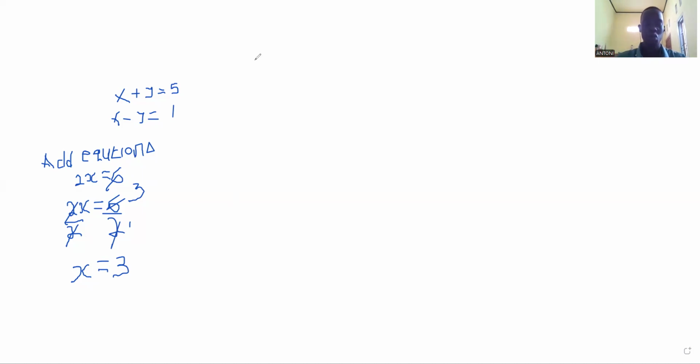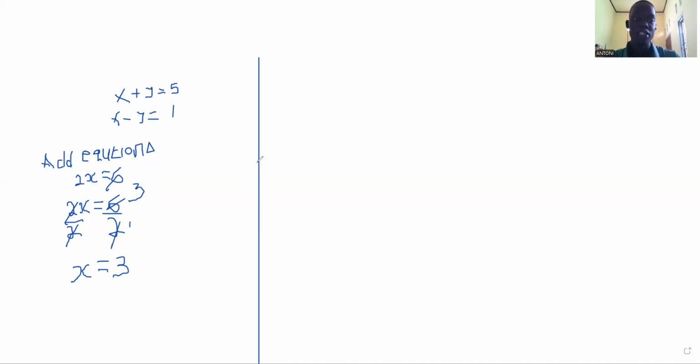So what we are going to do next is substitute x equals 3 into the second equation to get the value of y, because now we have the value of x, which is 3, and we still don't know the value of y.